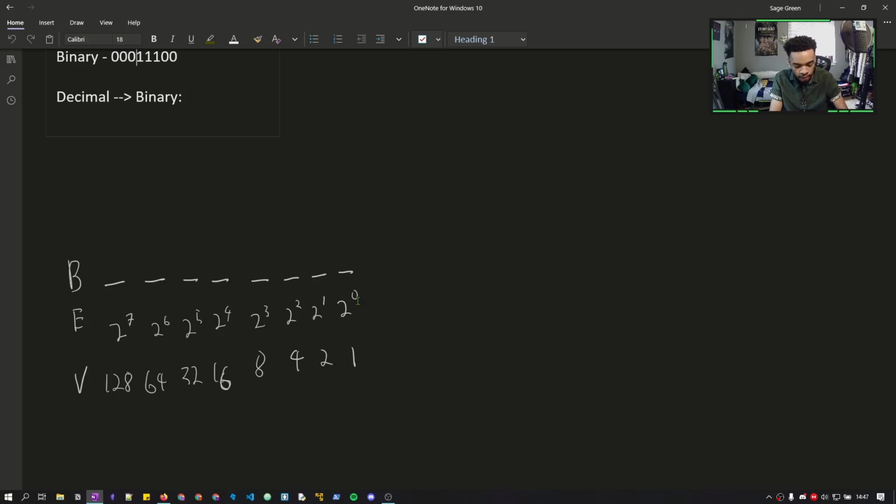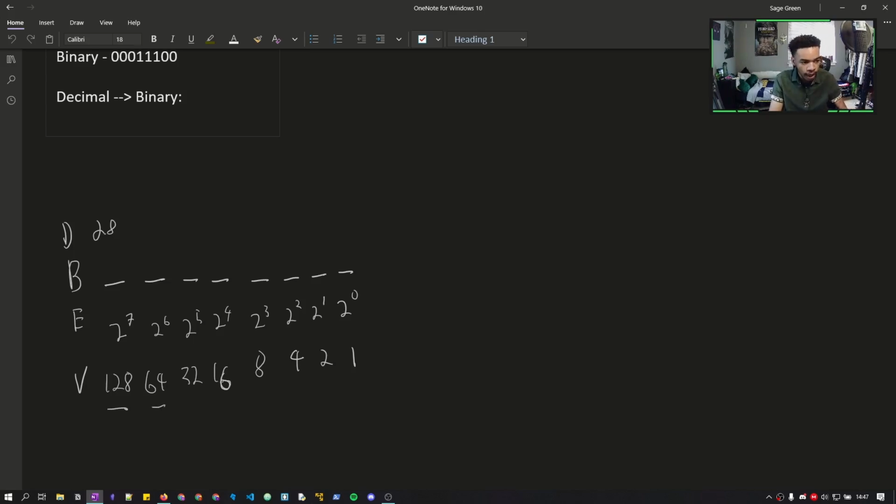I'll put a D right here to represent decimal values. So 28. In order to convert it into a binary number, we need to find the first value that can go into our decimal, from left to right. Can 128 go into 28? No, 128 is 100 values bigger than 28.